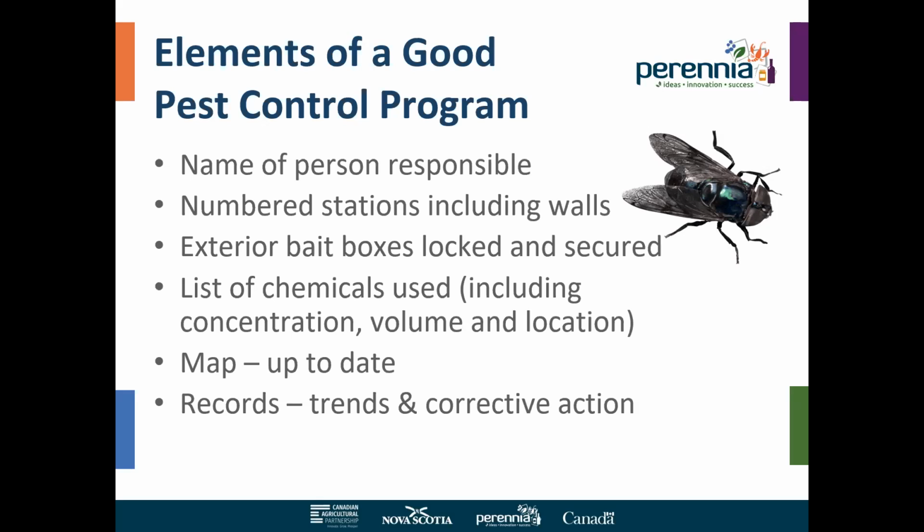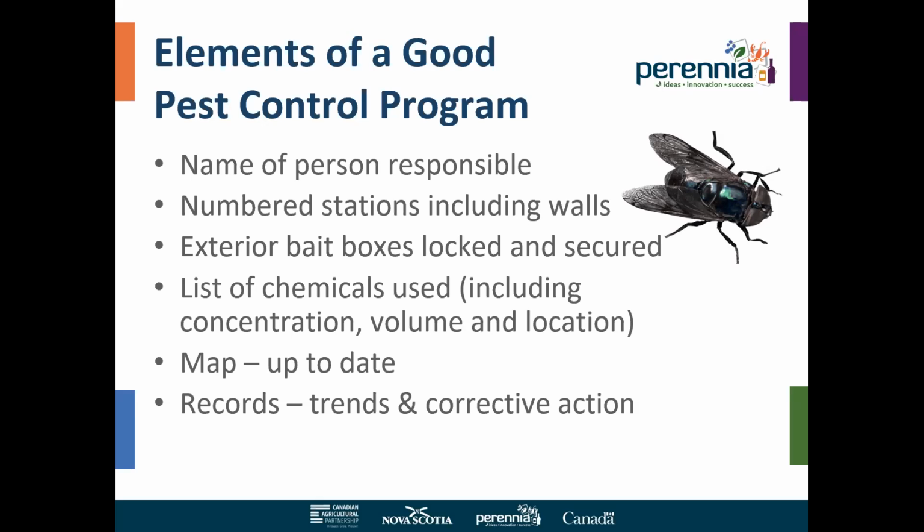Let's say you've had a corrective action, you've had some issues with rodents, so now you've added more tin cats, so interior stations or exterior. That should be reflected on your map, and you ensure that the map is up to date. And then any records are on file. So when your inspectors come in, they can see these records. Your records will also help you determine whether or not you're having trends.